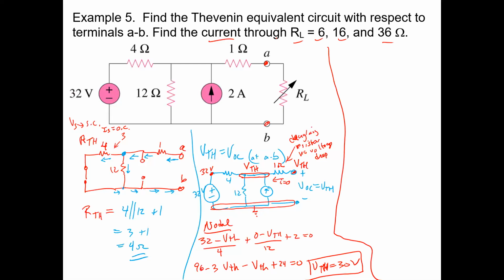If you keep source transforming everything until you get to a single voltage source in series with a resistor, you're done. But if you have a dependent source, that may not be so simple. You can do a Thevenin equivalent with dependent sources, but not using source transforms. Mason?